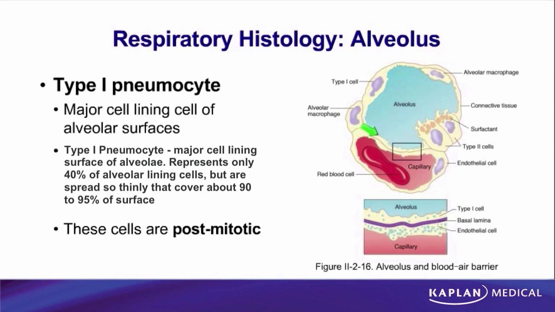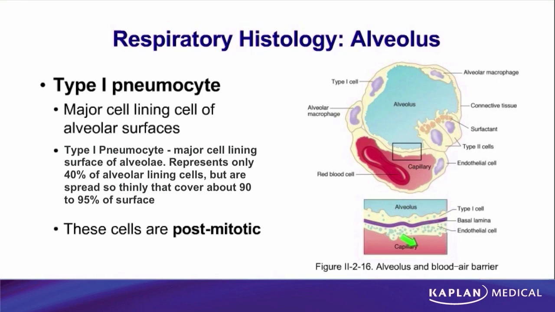So you have a simple squamous epithelial cell there, you have a simple squamous epithelial cell there, and in between you have a basement membrane. That's the entire barrier between the air and the blood. So that's what we see magnified here. The alveolar epithelium, the capillary epithelium, basement membrane in between. Air is there, blood is there.